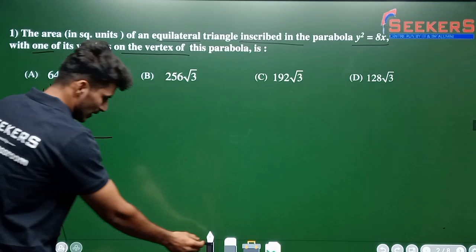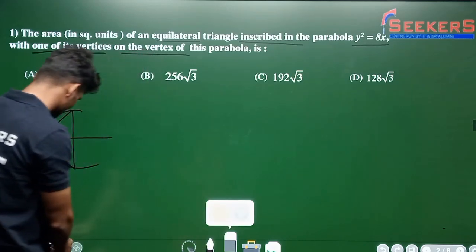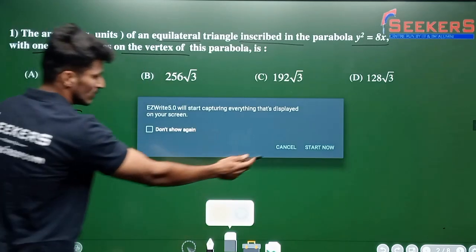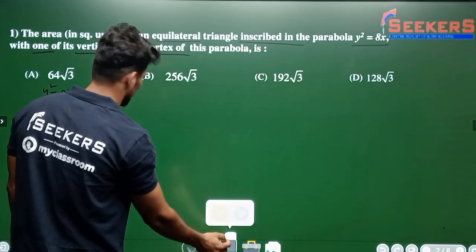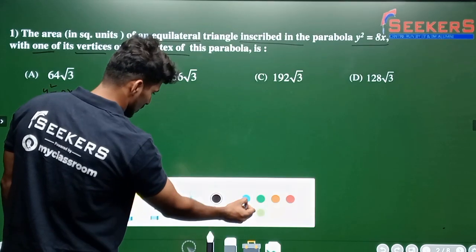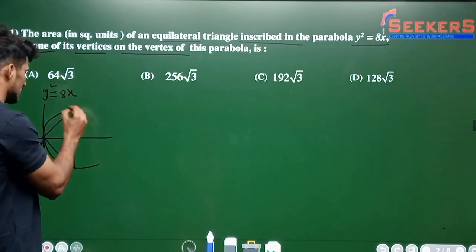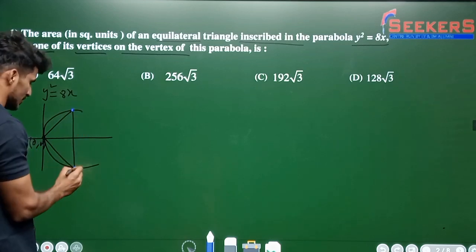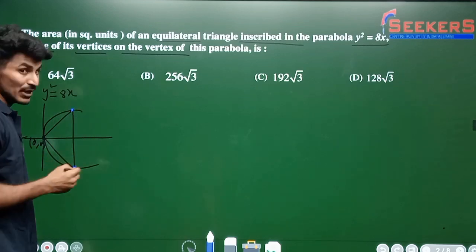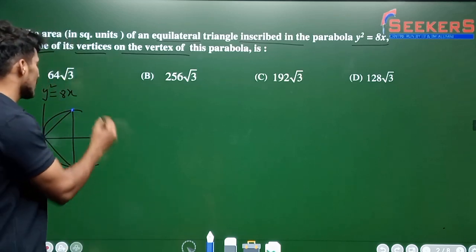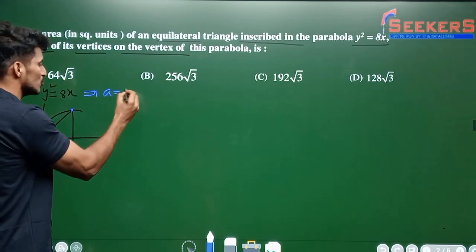Alright. So now, let me change the color. So this and this, what are the points I can take here? I could assume parametric coordinates. What is the value of a here? A value is 2 here.